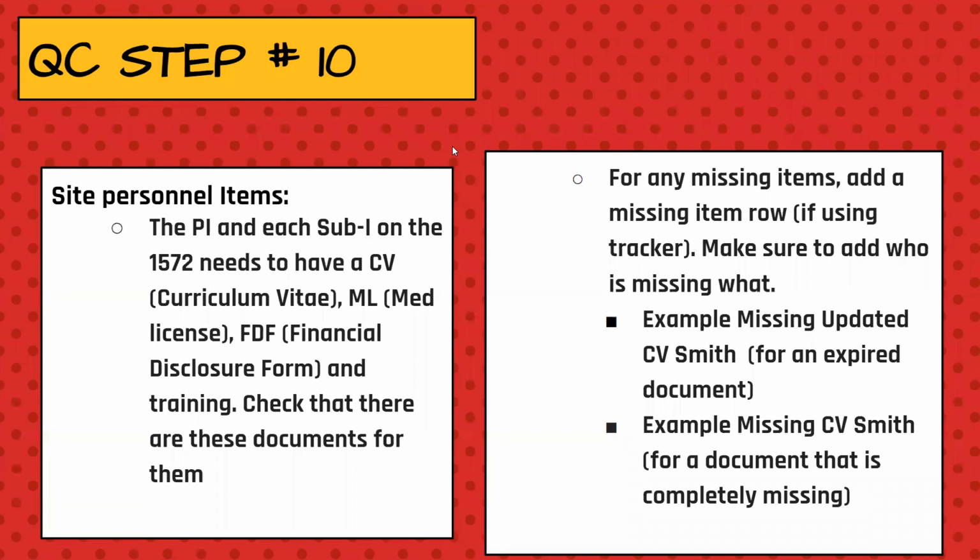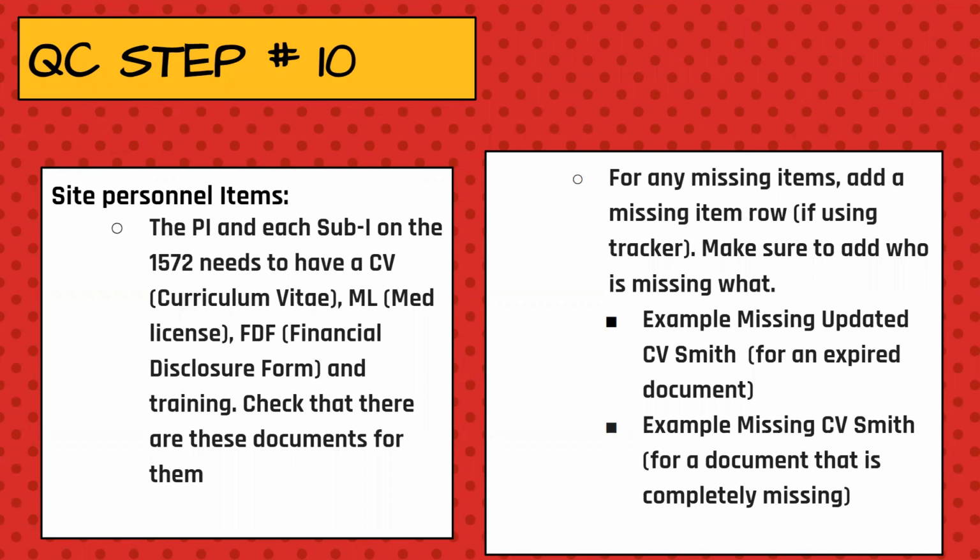This is where you're checking all of the people who are on the study and whether all of the materials are there for them, right? Part of the responsibility of the study team is to make sure that everybody who's on the study is appropriately trained and doing their job in a sense. And the way you prove that is by making sure that you have everything for each person.